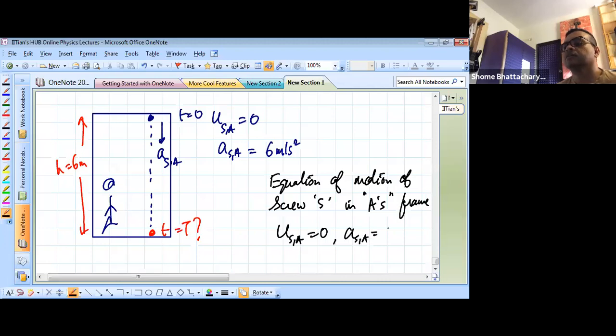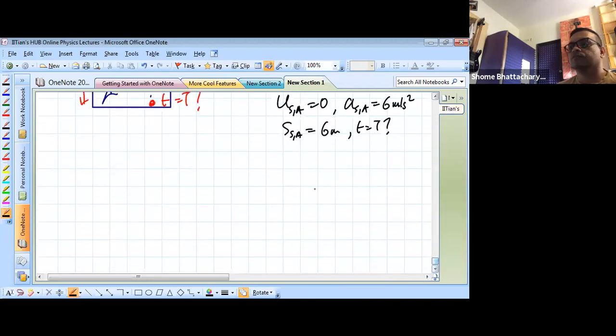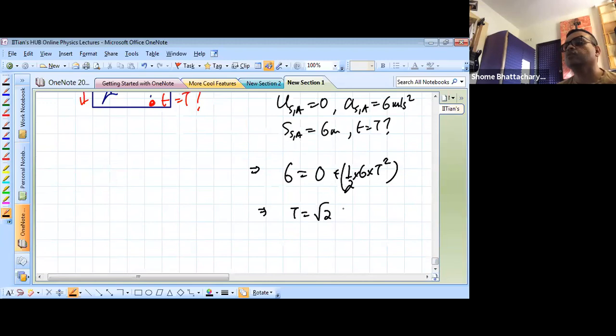The acceleration is 6 meters per second square, and the displacement we can see is 6 meters. The time capital T we have to find. This is it. Okay. So now we use our equation of motion. Displacement is equal to ut, which is 0, plus half at square. So I made a mistake earlier. I had taken t as 2 seconds, but here t will become root 2, or approximately 1.4 seconds.